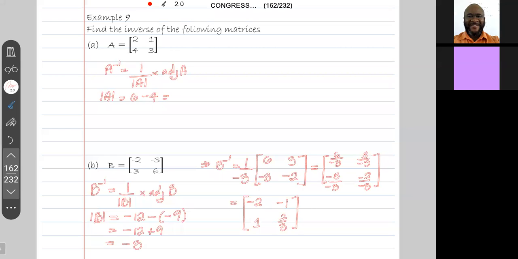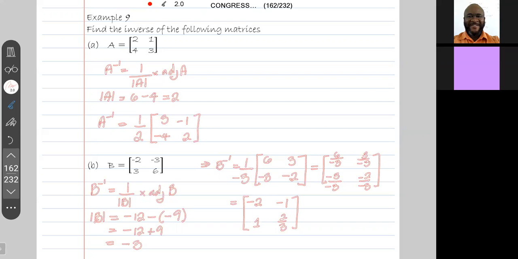So the determinant of A is 2. And so A inverse is 1 over the determinant 2 times adjoint A. Now, for adjoint A, I'm going to switch around the leading diagonal elements. So that's 3 and 2, switch them around. The 1 and the 4 stay where they are, but their signs change to minus 1 and minus 4.